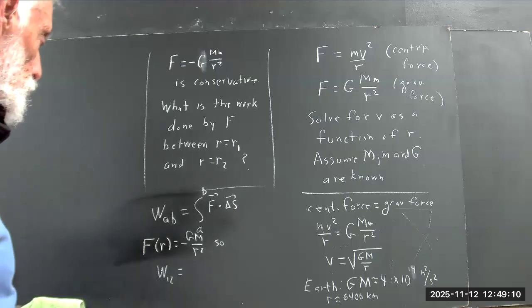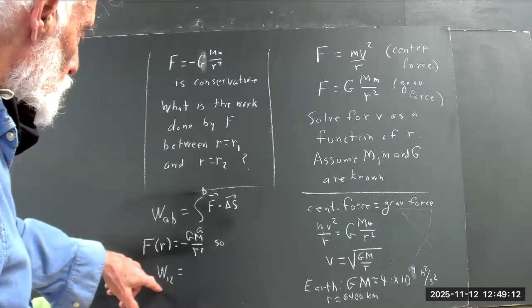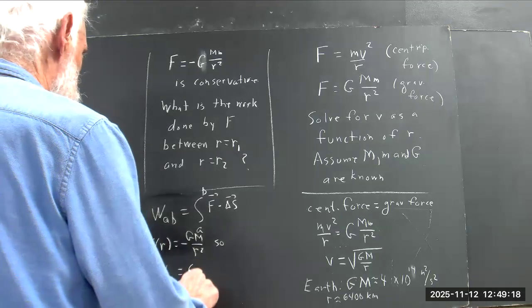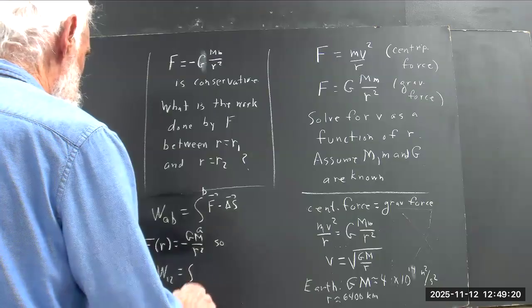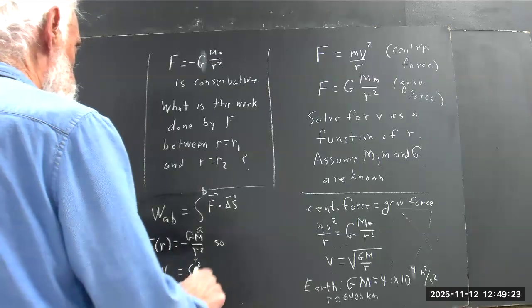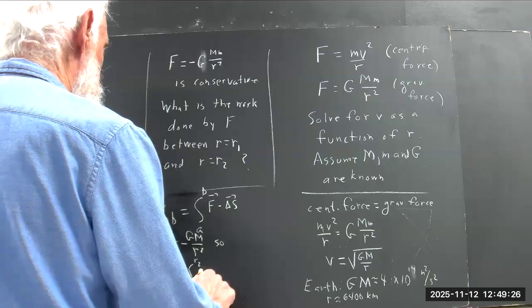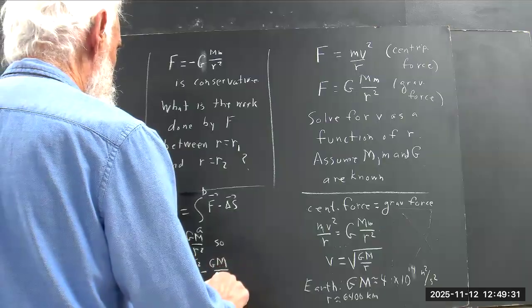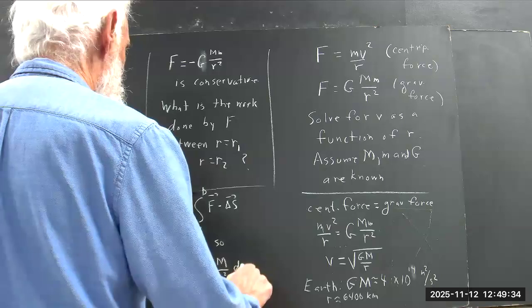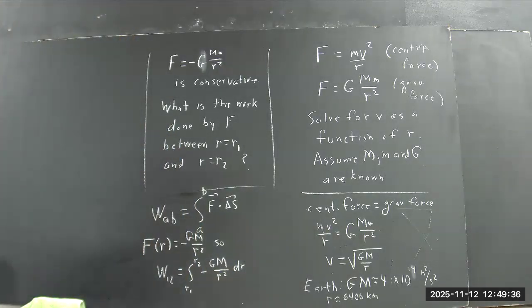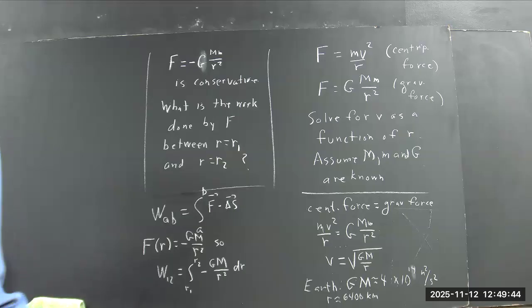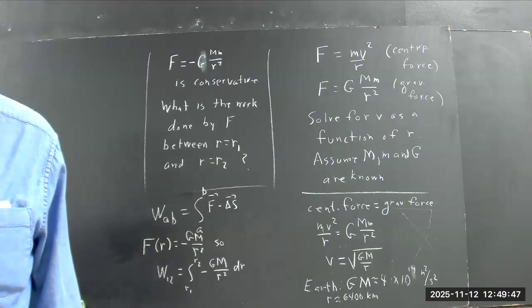A little notation. It follows that the work from point 1 to point 2 would be the integral from R1 to R2 of negative big G big M over R squared dr. I could develop that integral for you, but you want to figure that out.